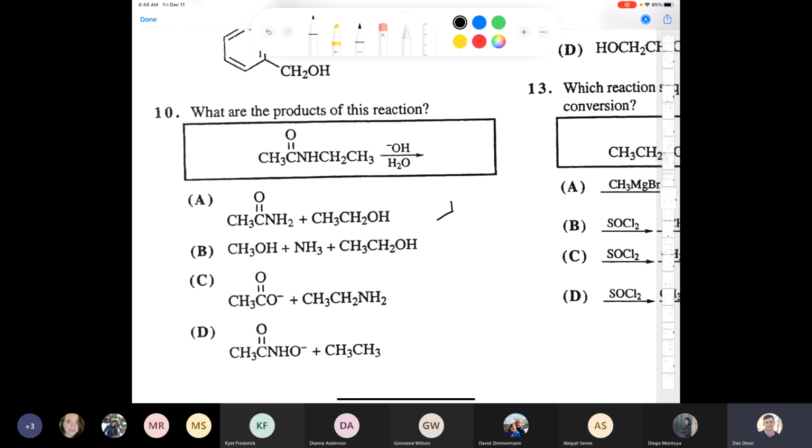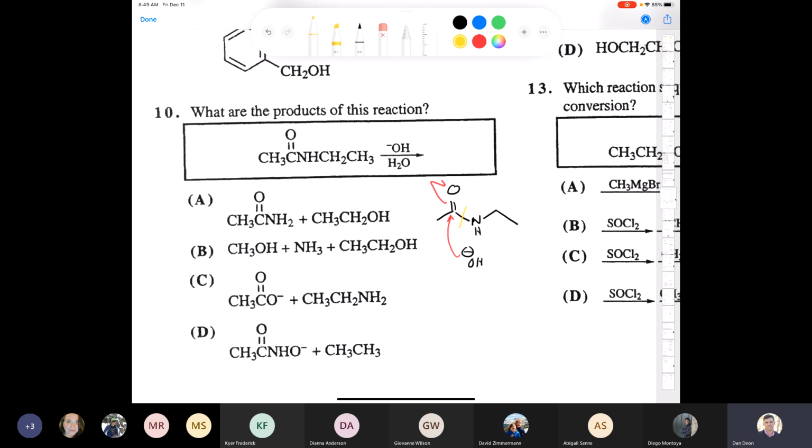Well, if we draw the bond line structure of this amide, so this is N-ethyl acetamide, the hydroxide is a powerful nucleophile, very powerful, and so it's going to attack this carbon here to form a tetrahedral intermediate. So what's the net result? We're going to end up breaking this bond.